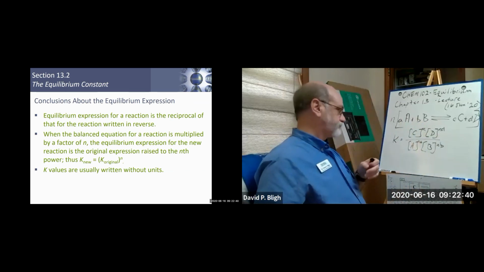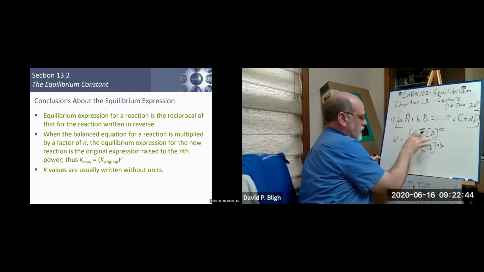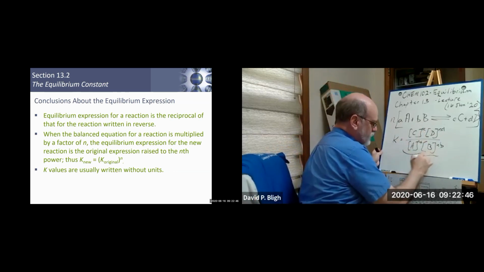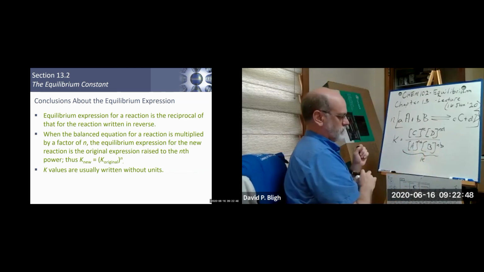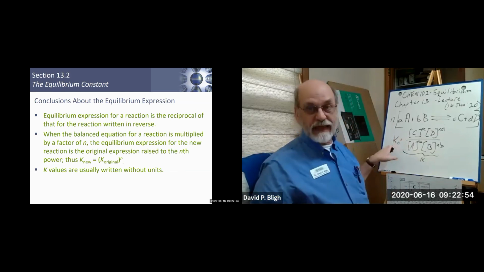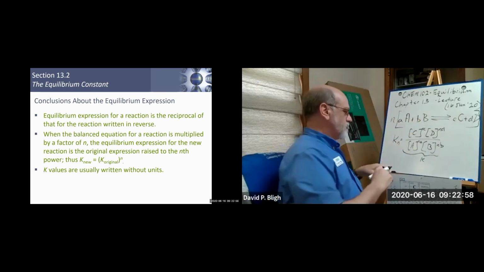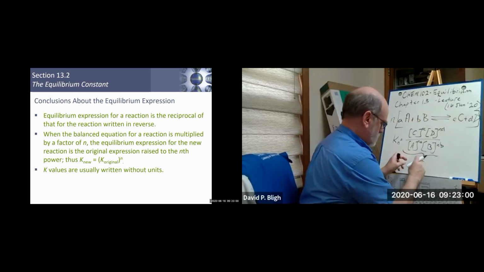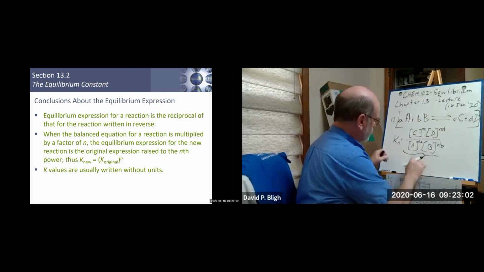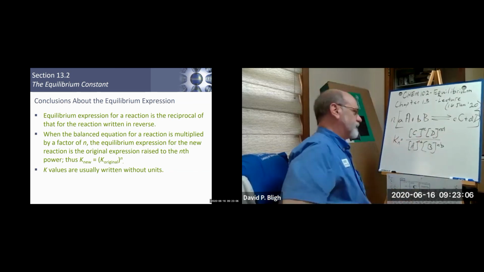Okay? So this is the original K. This is the new K with the n multiplier. Well, that's not really the K, that's the original K. So that's not true.